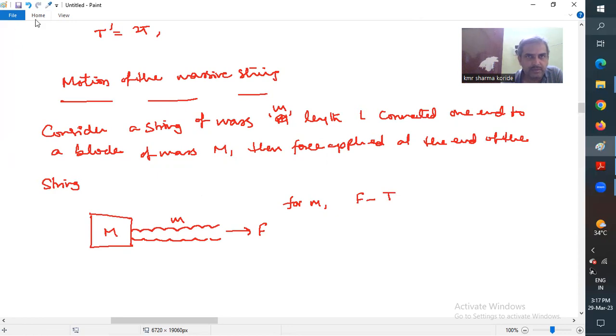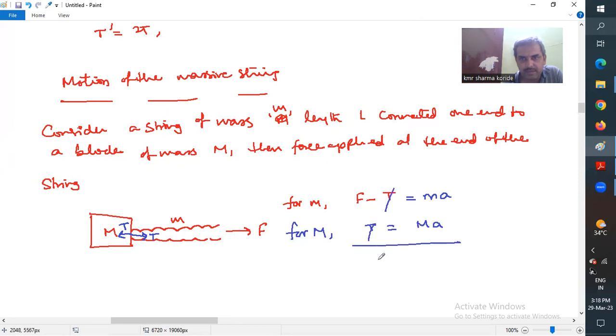So where is the tension? Tension is at the block. Therefore tension favors the string but tension opposes the block. F minus T is equal to ma. So this is for small m. Tension is the only force, so this is going to be Ma.